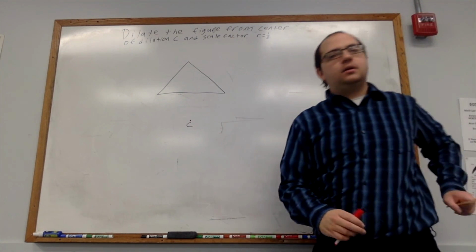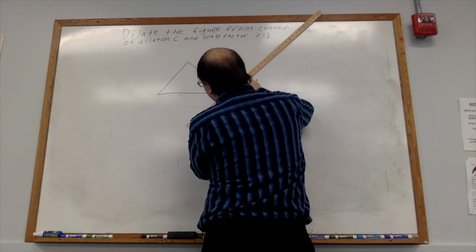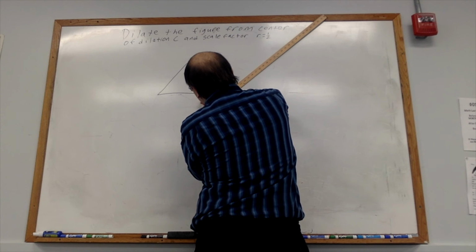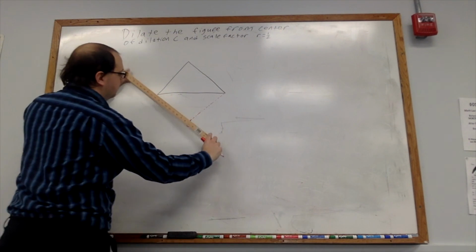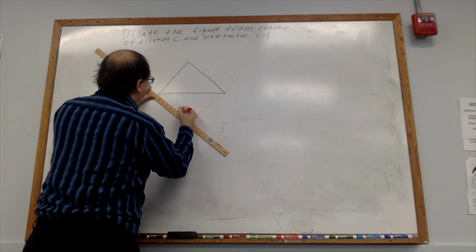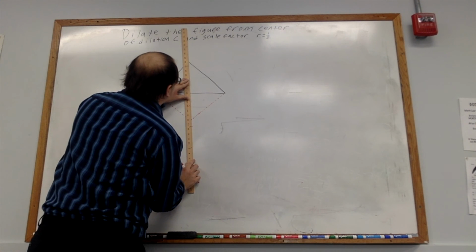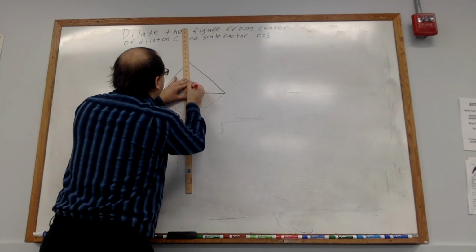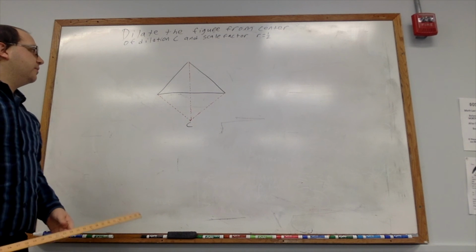So you take a ruler and draw a dotted line from the center to each vertex. All right, so we have our 3 dotted lines.